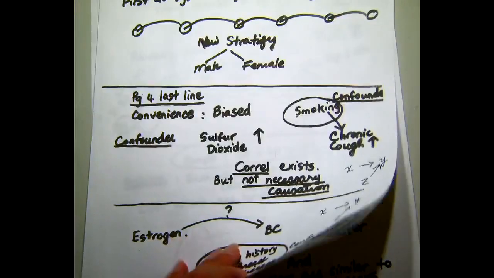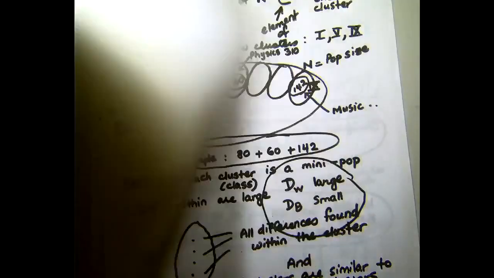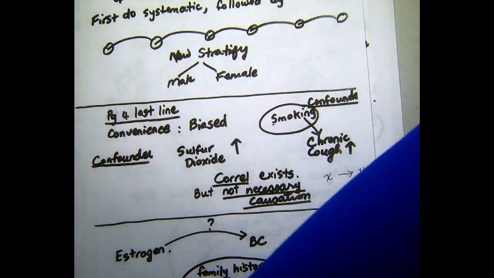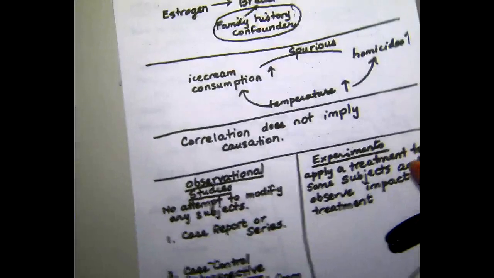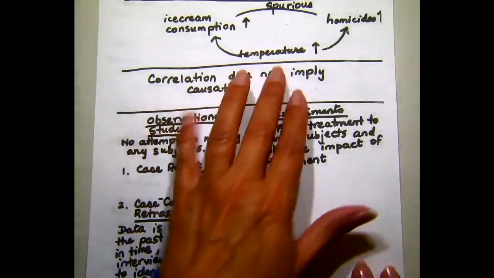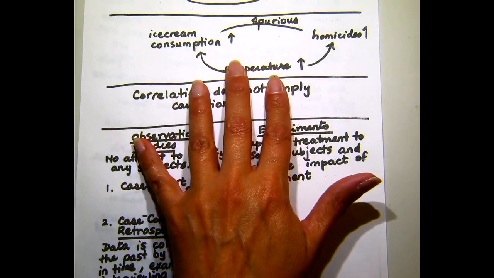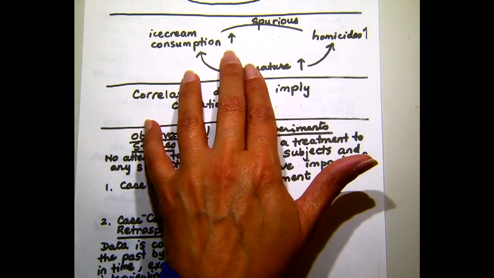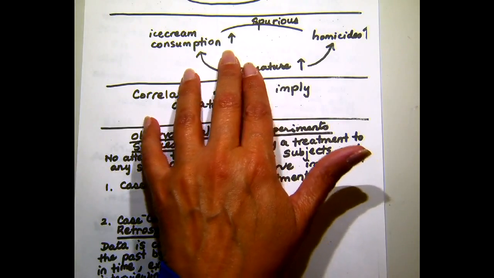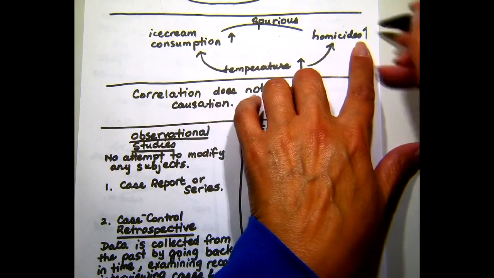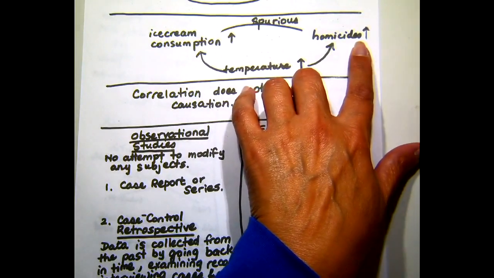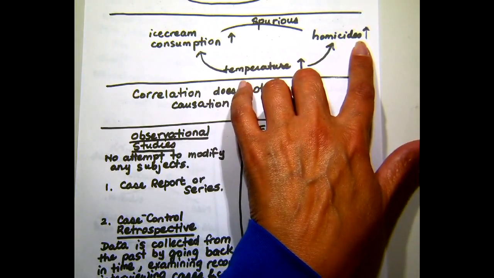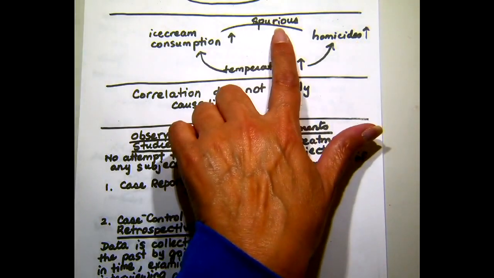Let's look at the next page. Page 1 in the next set of notes. Look at this one. This is some ridiculous relationship here. As ice cream consumption goes up, homicides are noted to go up also. It's ridiculous, right? This is called a spurious relationship.